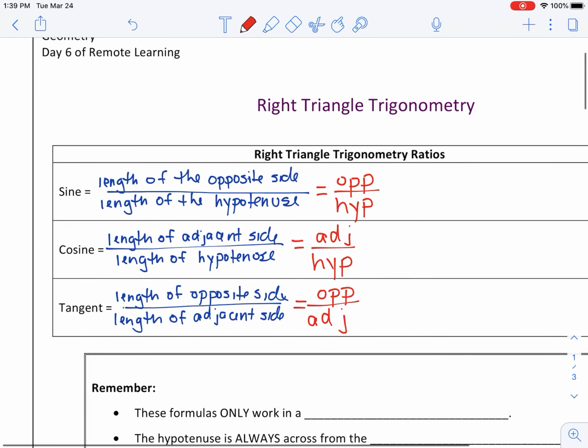And like you learned yesterday, and I'm sure your parents even remember this, the word SOHCAHTOA can help you remember those ratios.